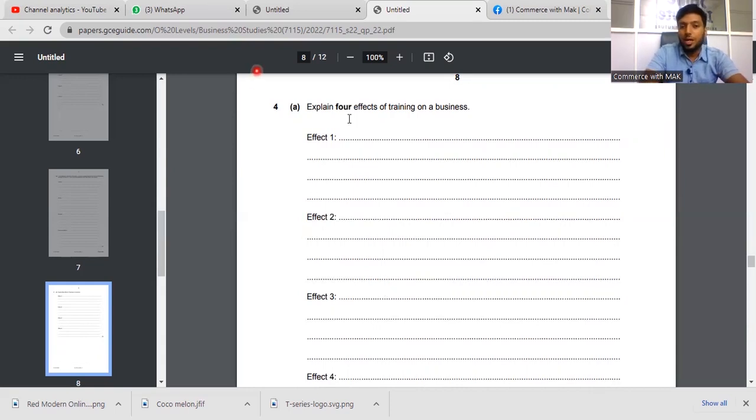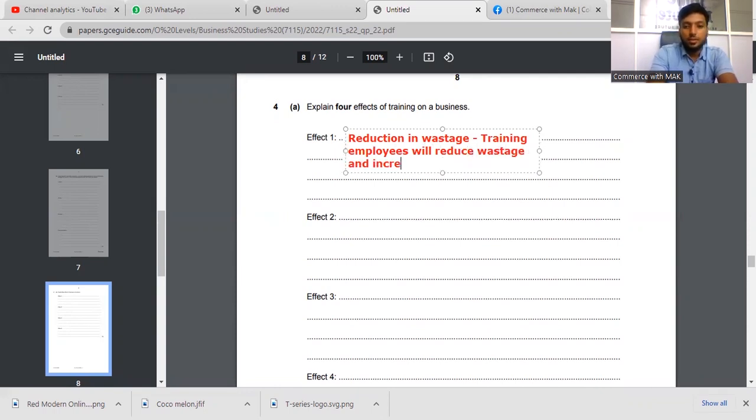The first I'm going to write is reduction in wastage. After training, employees will reduce wastage and increase efficiency.